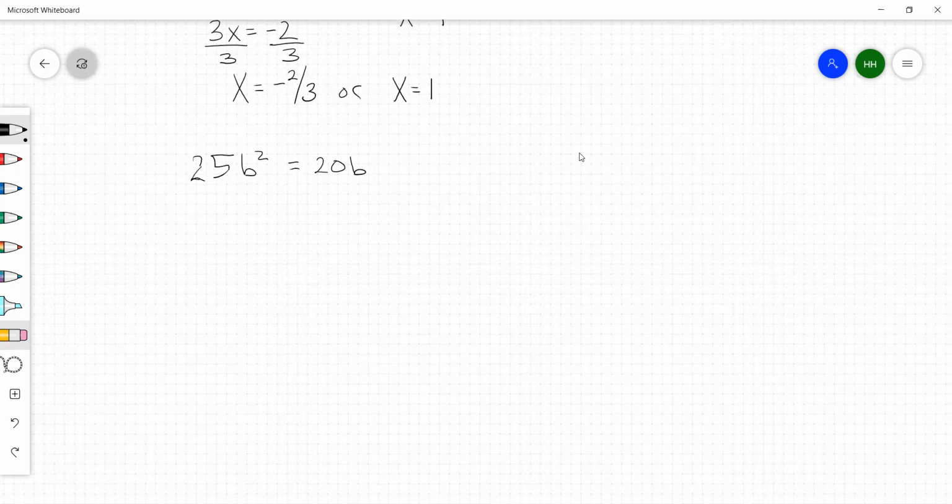In a case like this, your same first step is to set the equation equal to 0. So if we subtract 20b from each side, on the left-hand side, we get 25b squared minus 20b is equal to 0.